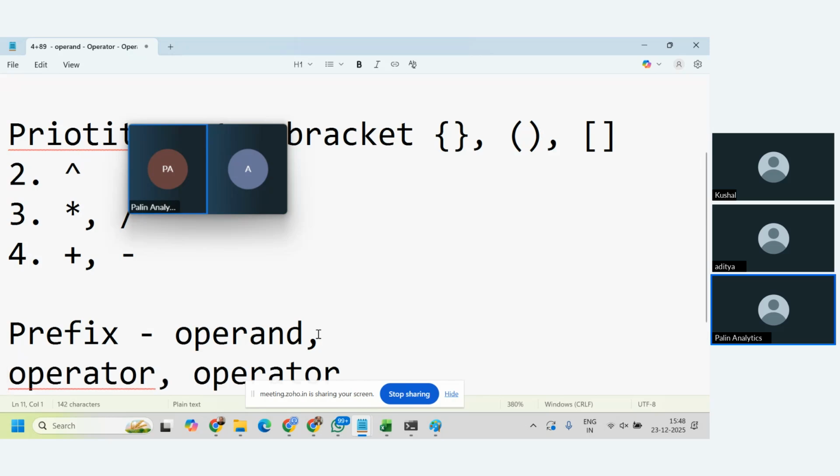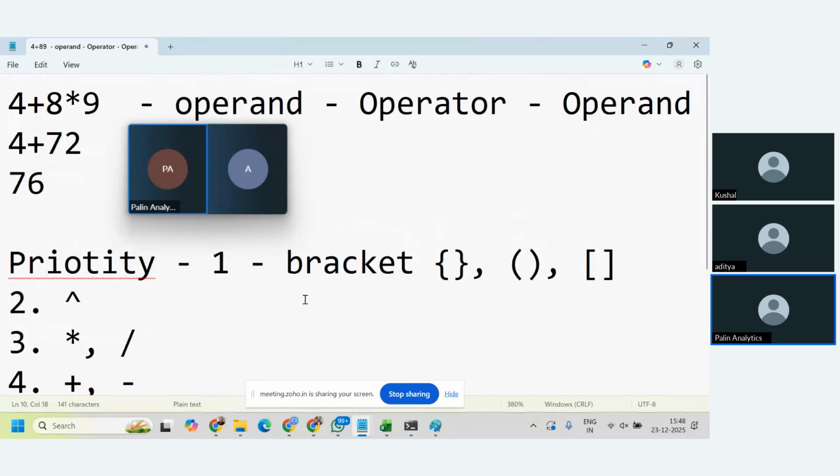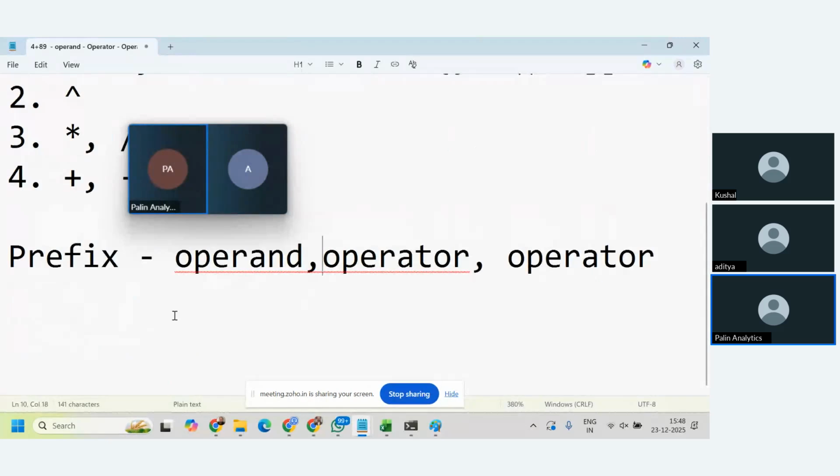So, for example, if we take this 4 plus 8 into 9, how can we write that? First of all, if we have to convert this into prefix, we try to identify the highest priority operation. So this is the highest priority operation. We convert this part first, so the operator comes first, then 8, and then 9.